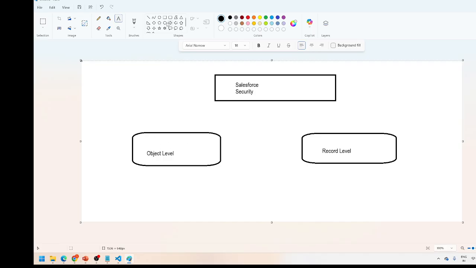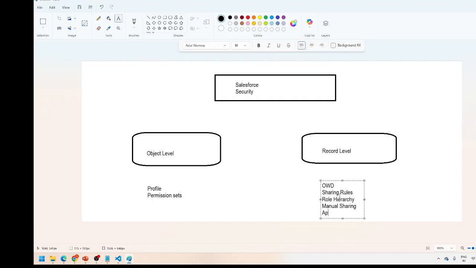In Salesforce, to give object level security we have profiles and permission sets. And if we want to give record level security, then we have OWD, sharing rules, role hierarchy, and manual sharing.